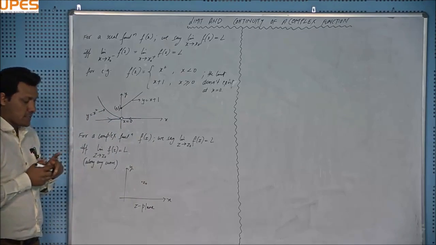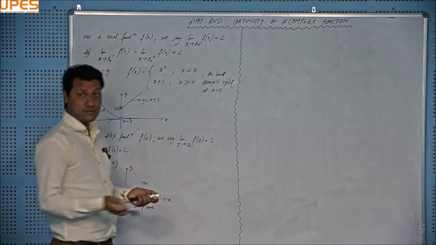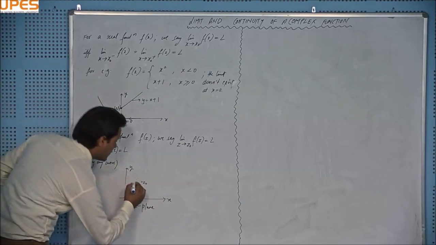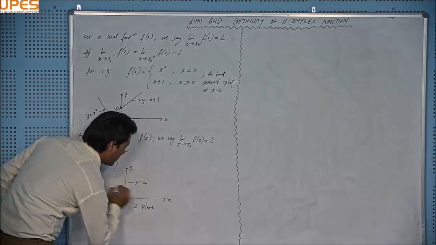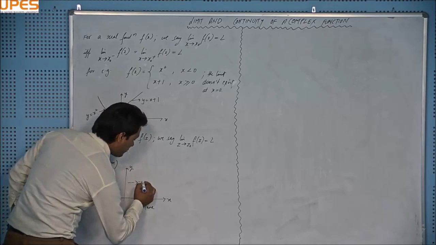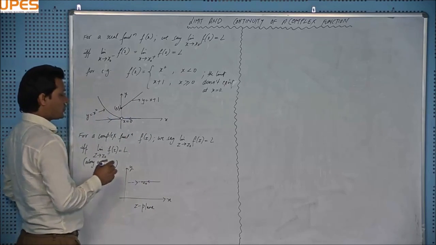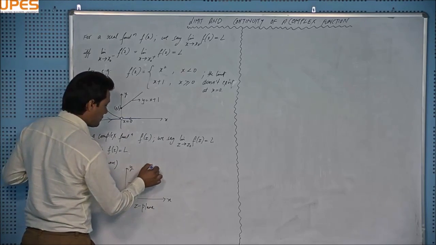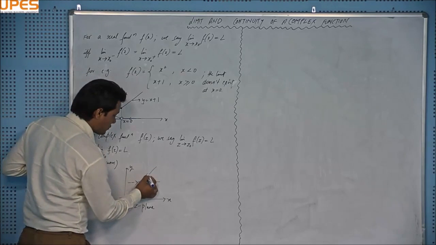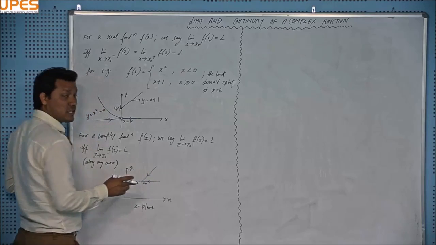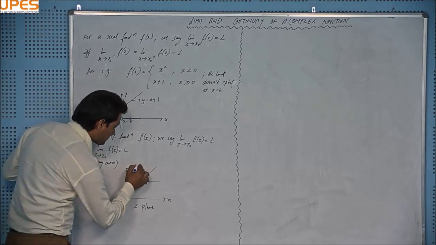And you can see that approaching z naught from left and right is possible. Obviously you can approach this z naught from the left hand side, this path, or from the right hand side, or from any oblique direction, means an oblique line passing through z naught. So I have three directions, as well as any arbitrary curve like this.